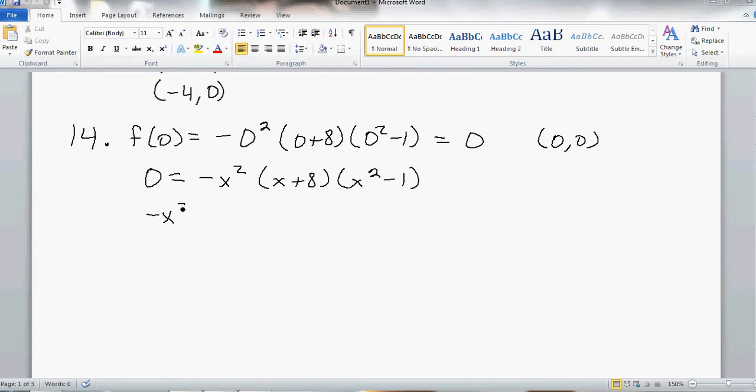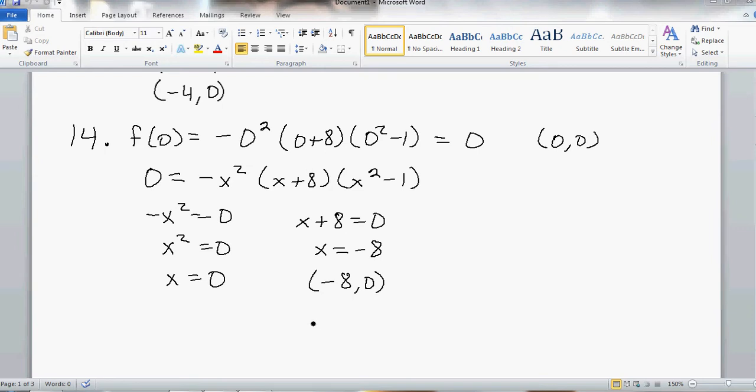Negative x squared equals 0. Divide both sides by negative 1. X squared equals 0, and square root both sides. X still equals 0. That's going to give 0, 0, which we've already written. X plus 8 equals 0. Subtract 8 from both sides, so x equals negative 8. So negative 8, 0 is another one.